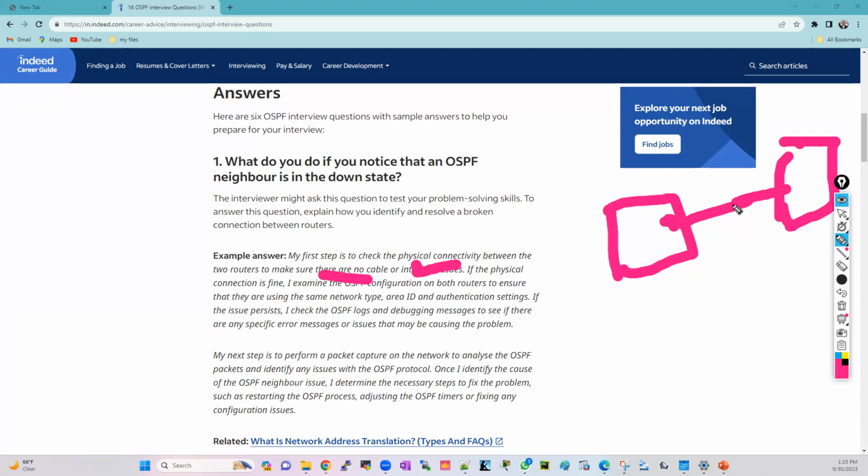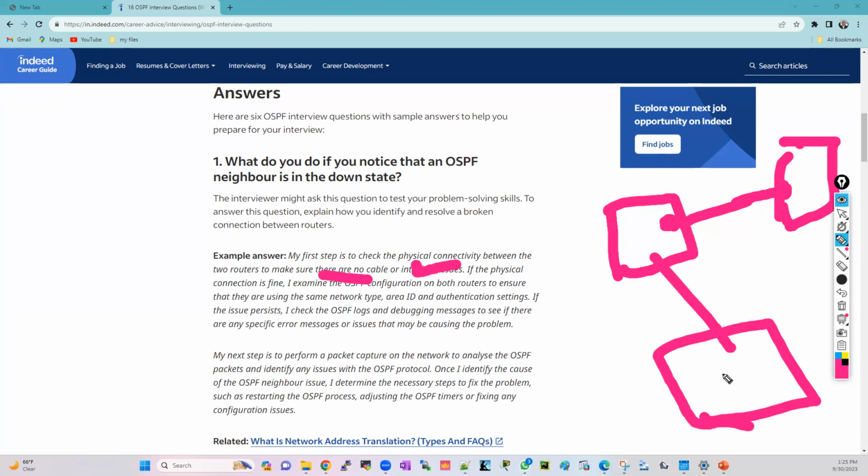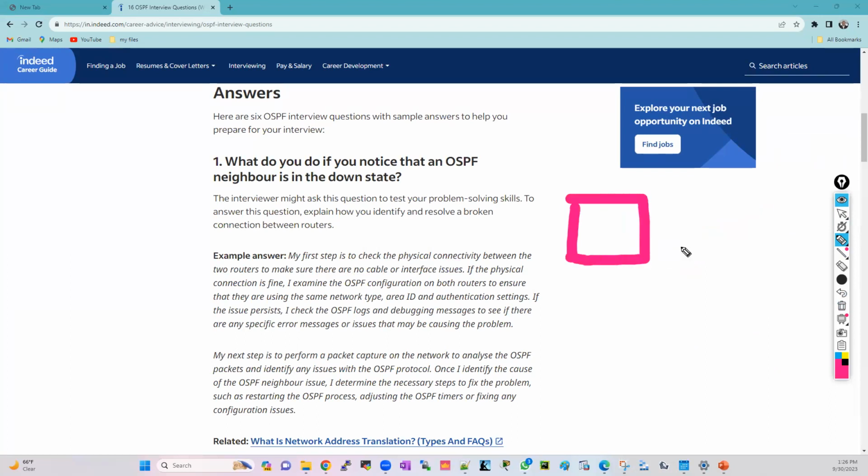You check your router, you see that it's in down state. If you have two paths, you are sending traffic; if this side is down, it will follow here, fine. But what about if we don't have any other path, we have only one link to another? There's no alternative route.